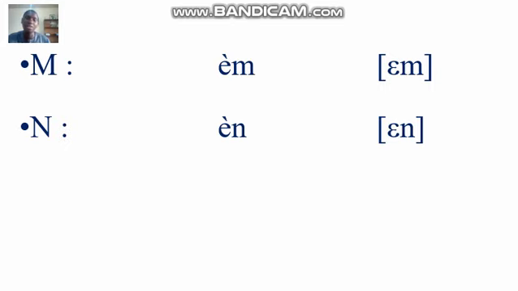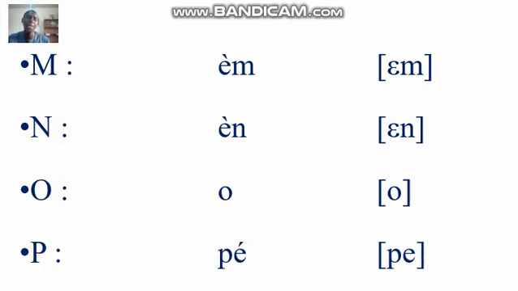They are together. N. So that's the letter N there. The next one you have is O. The next one is P. P is produced when you produce B, but without voicing. P. That's the pronunciation of the letter P there.